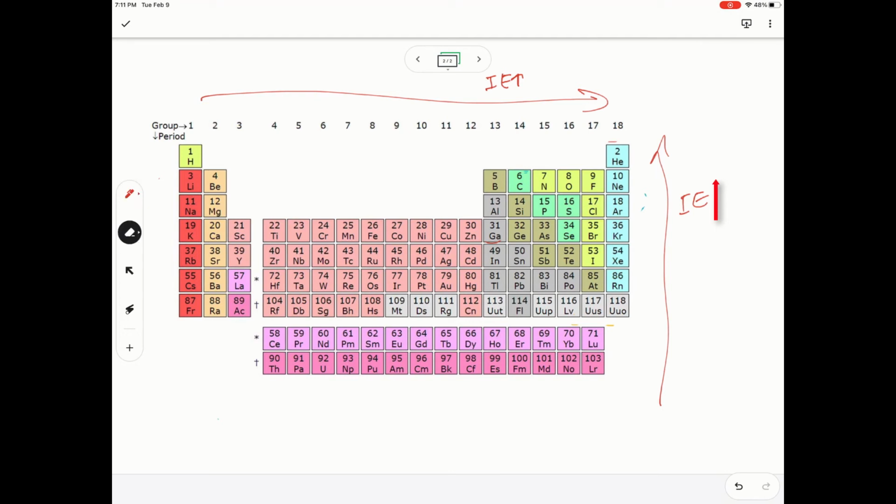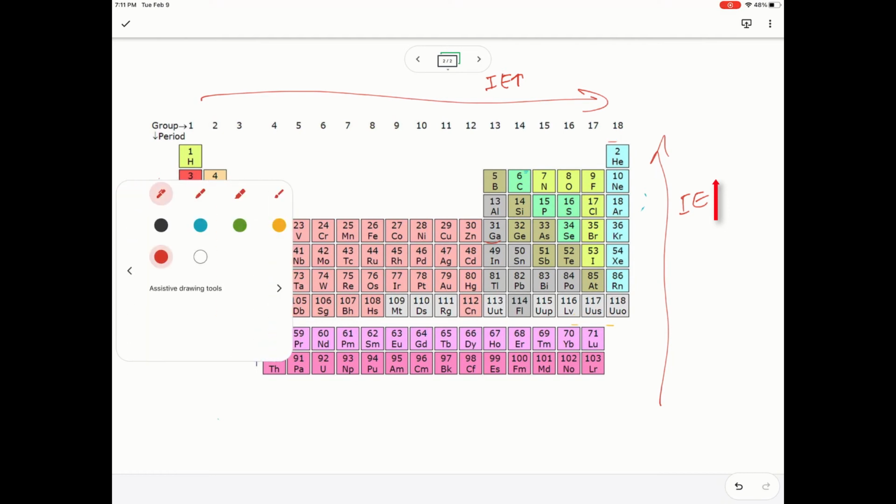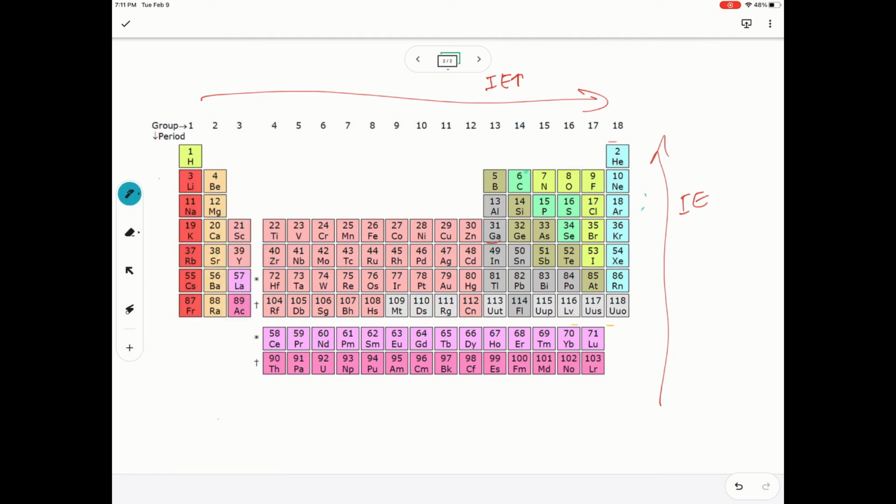And then it says choose the larger atom. So larger goes with atomic radius. If we go in this direction, radius decreases, and radius decreases. Yes, as in radius decreases as we go to the right, radius decreases as we go up.